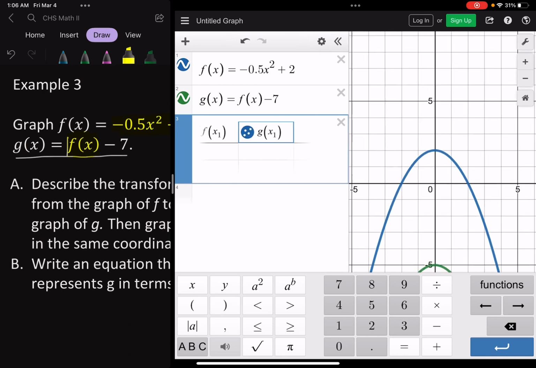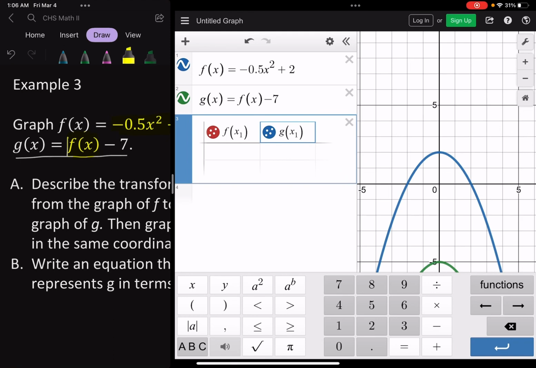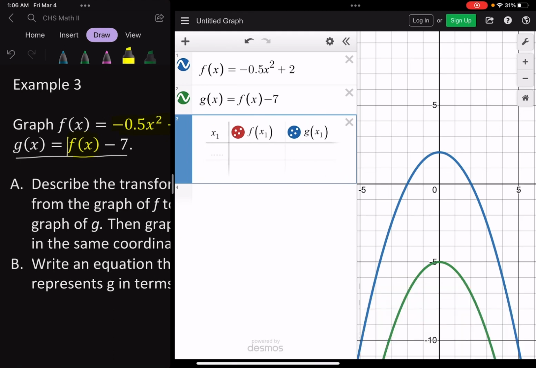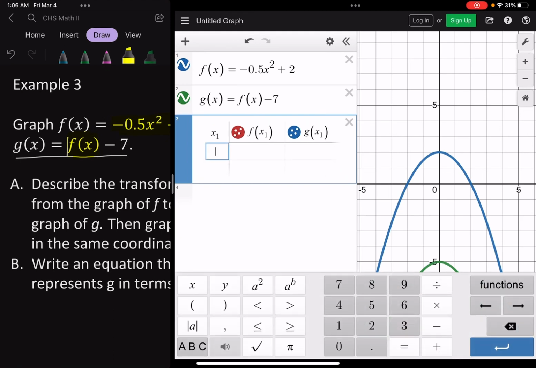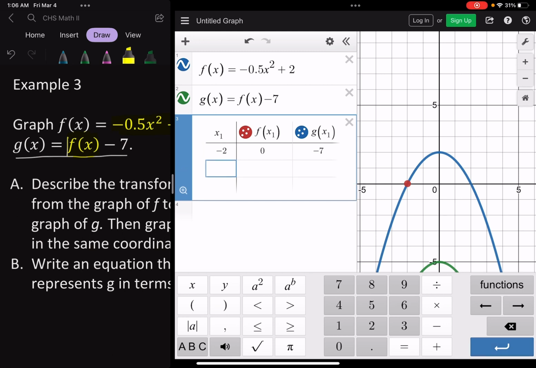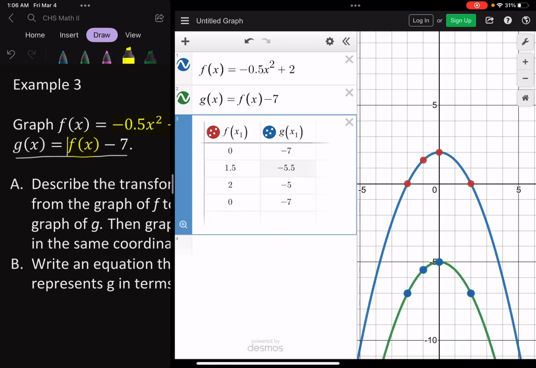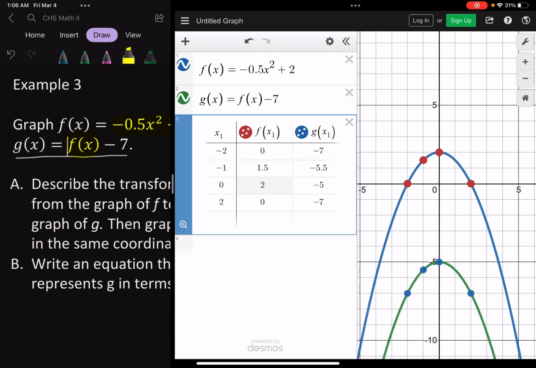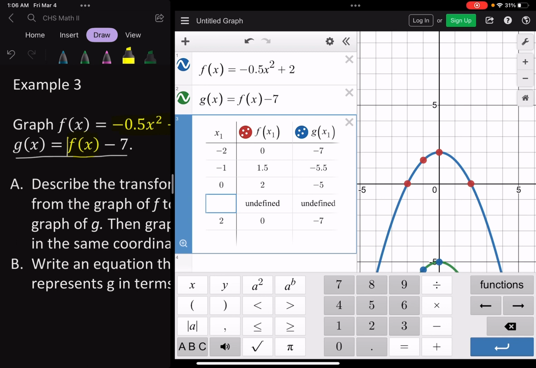All right, so if we do, let's just pick 5 numbers. So negative 2, negative 1, 0, 1, and 2. So we want this to be 1.